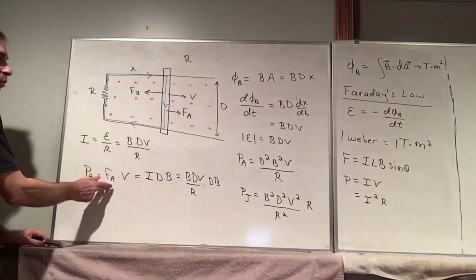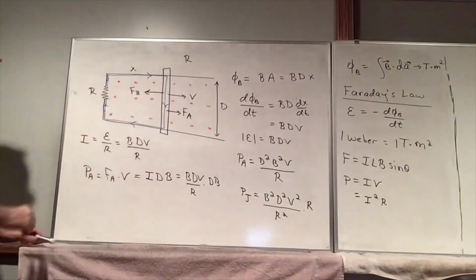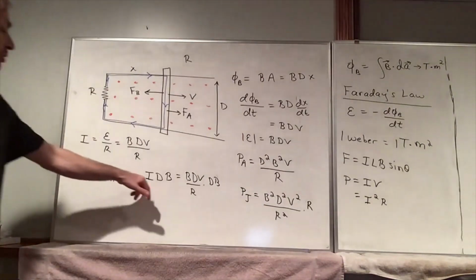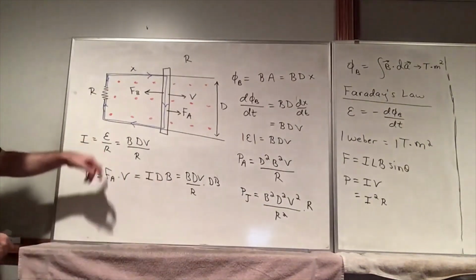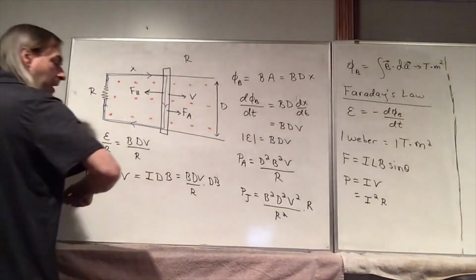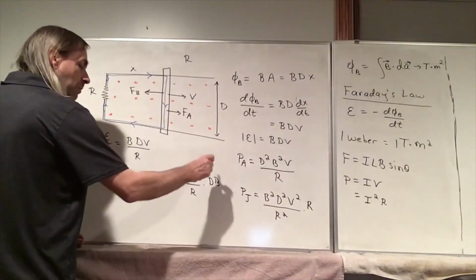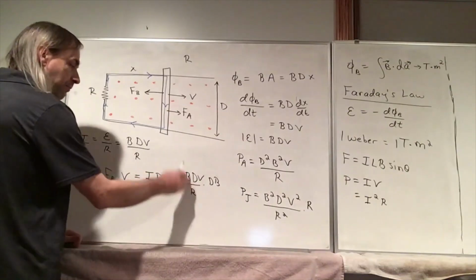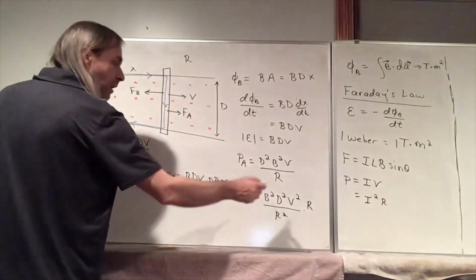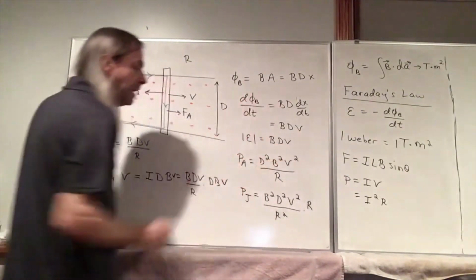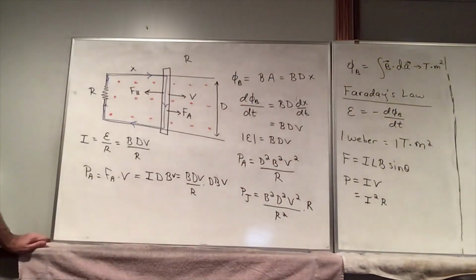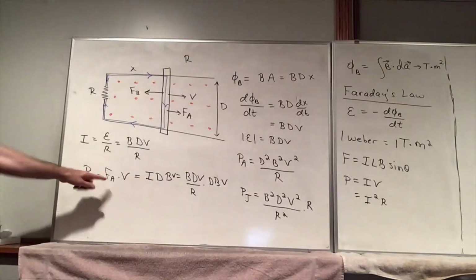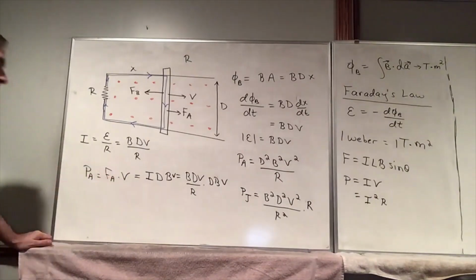So the applied force is equal to the magnetic force, which is IBD. I forgot to include this velocity here. And so, yeah, basically we should have had a velocity squared right there. So sorry about that. I kind of copied it down wrong, just neglected this V.